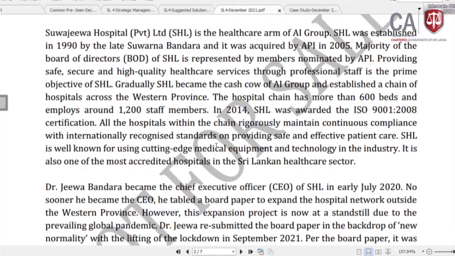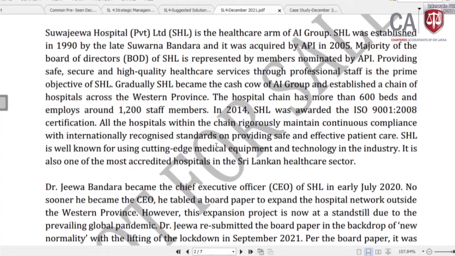So, you should have knowledge of what a cash cow is. A cash cow means a business unit which is in the mature stage. They enjoy higher market share but low industry growth rate, right, and normally they have positive cash flows.